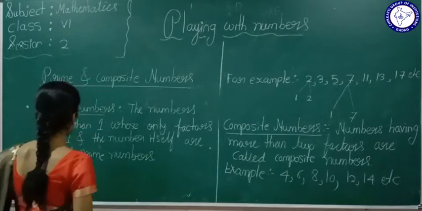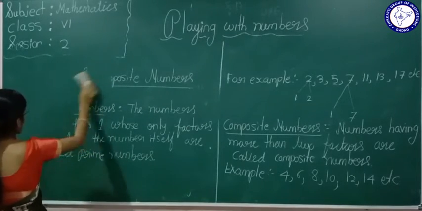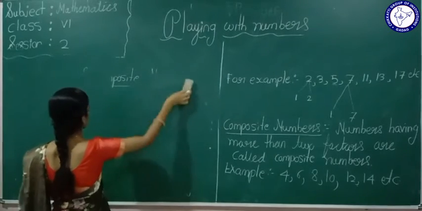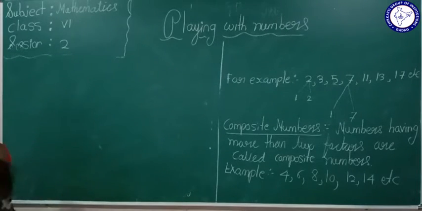Now see here, then what about this 1? Now see students, this 1 is neither a prime number nor a composite number. This is a very, very important note you have to remember.